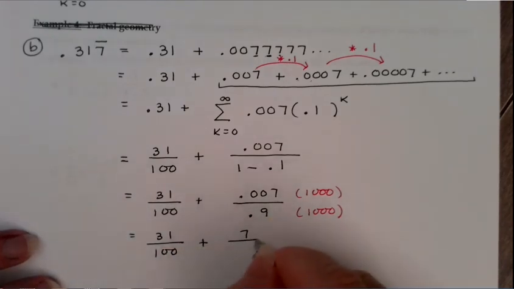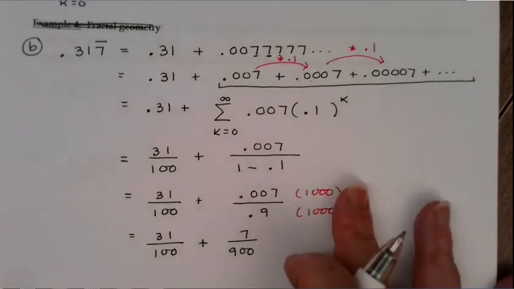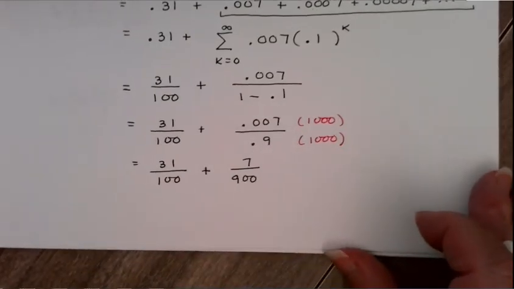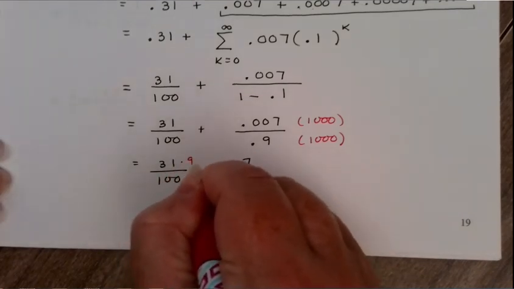So that's going to give me 7 over 900. To finish the problem, I would need to add those two fractions, so I would need a common denominator. And let's see, to get that, I just multiply this guy by 9, top and bottom.